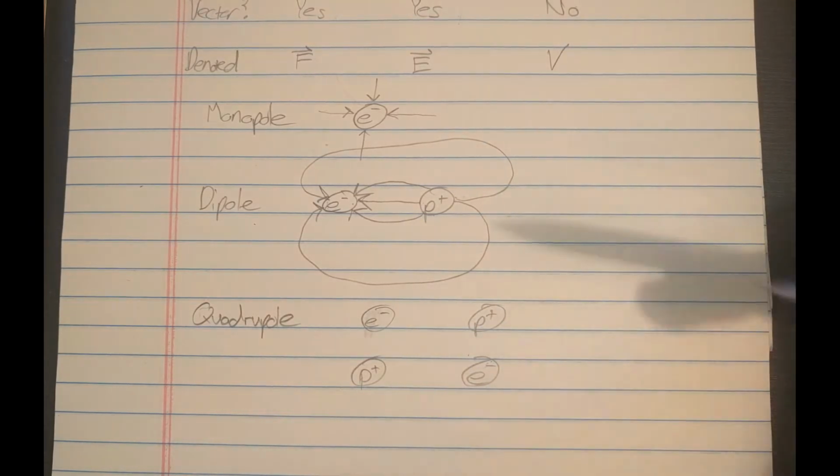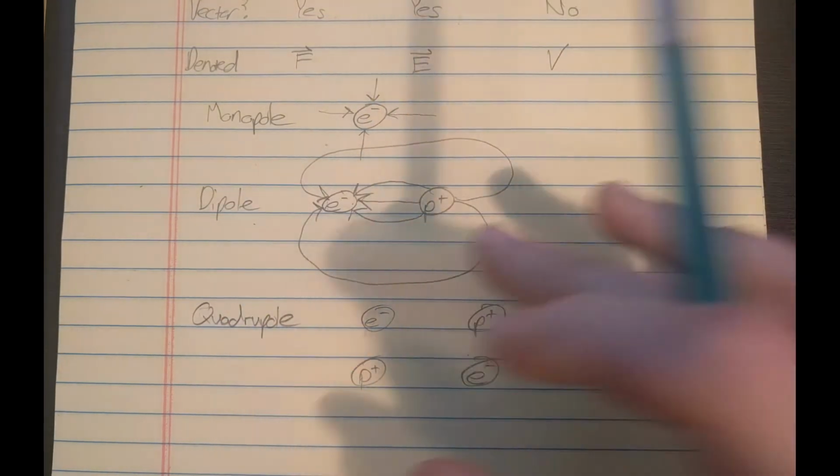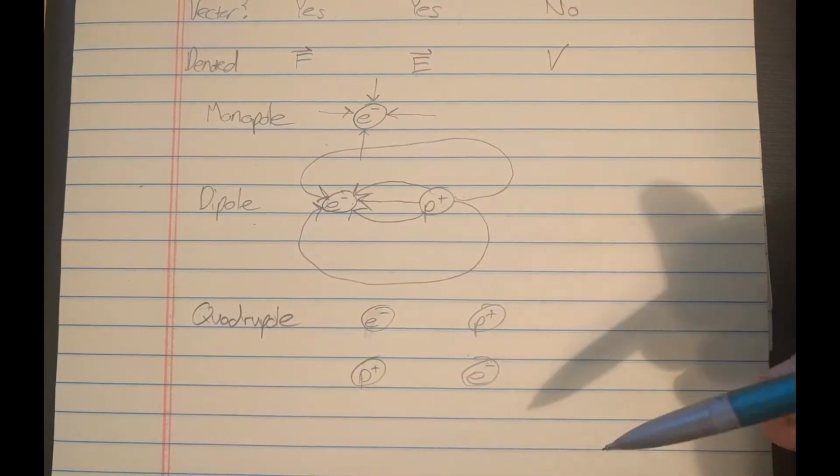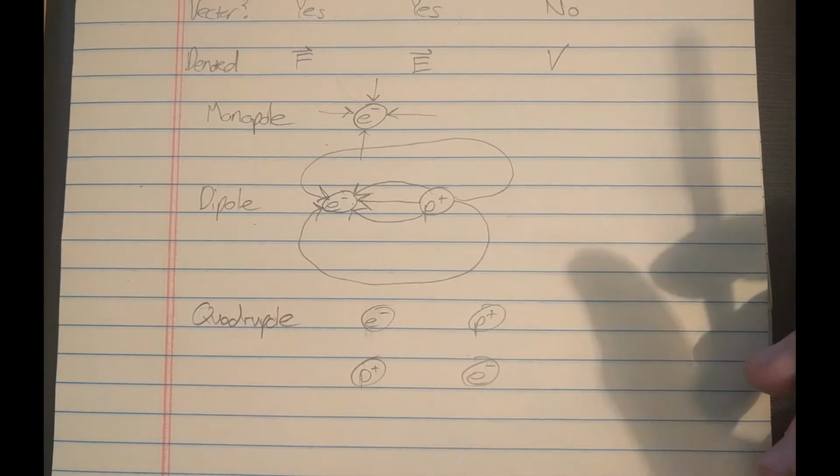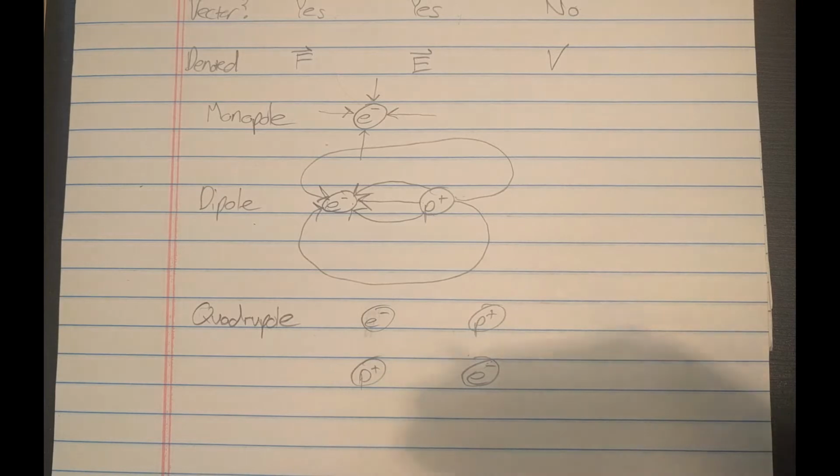And similarly, we can keep going up and up. We can have octopoles, which would be like putting 2 quadrupoles together, and so on and so forth. So that's a qualitative description of what multipoles are.